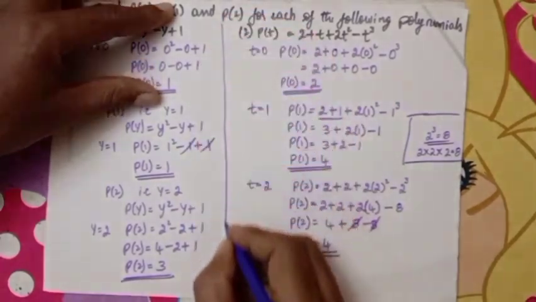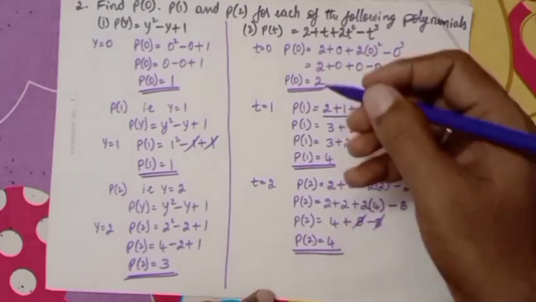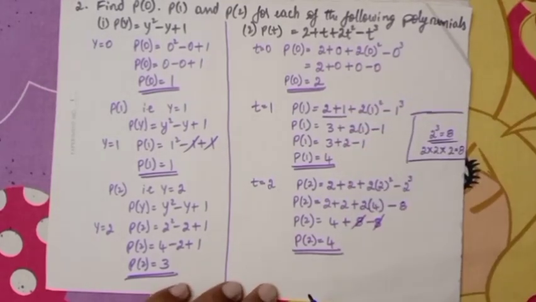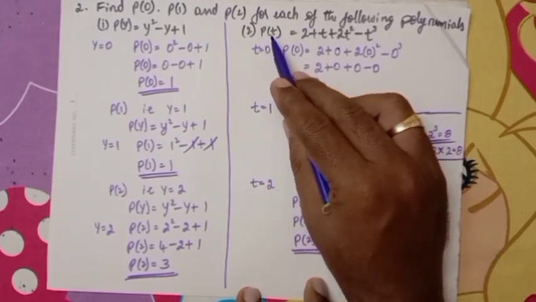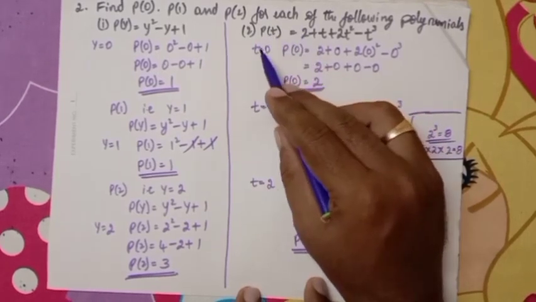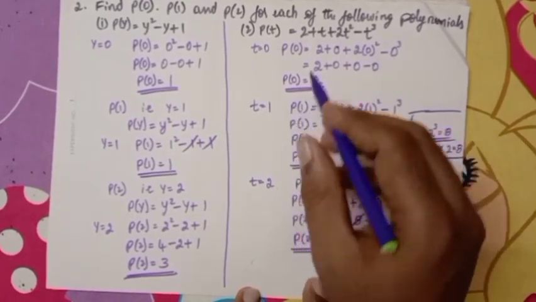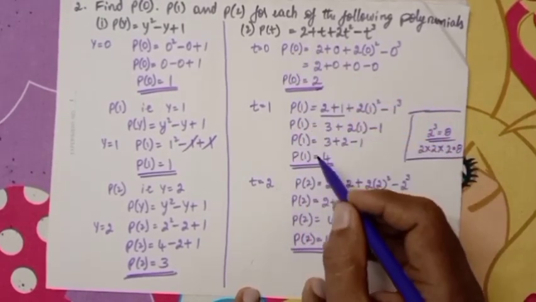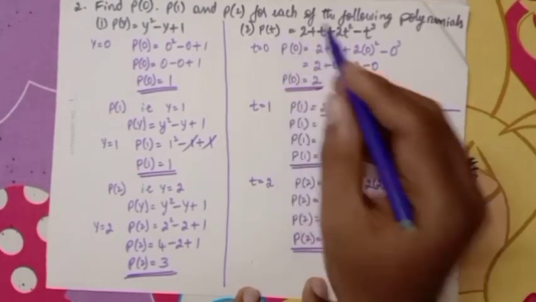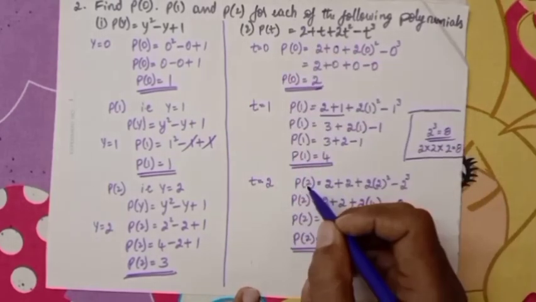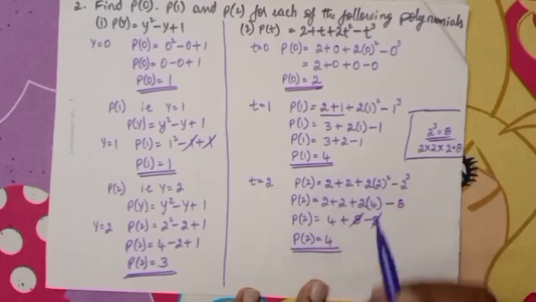So after solving this problem in 3 cases, the value of the polynomial p of t at t is equal to 0 is 2. In the second case, the value of the polynomial p of t at t is equal to 1 is equal to 4.